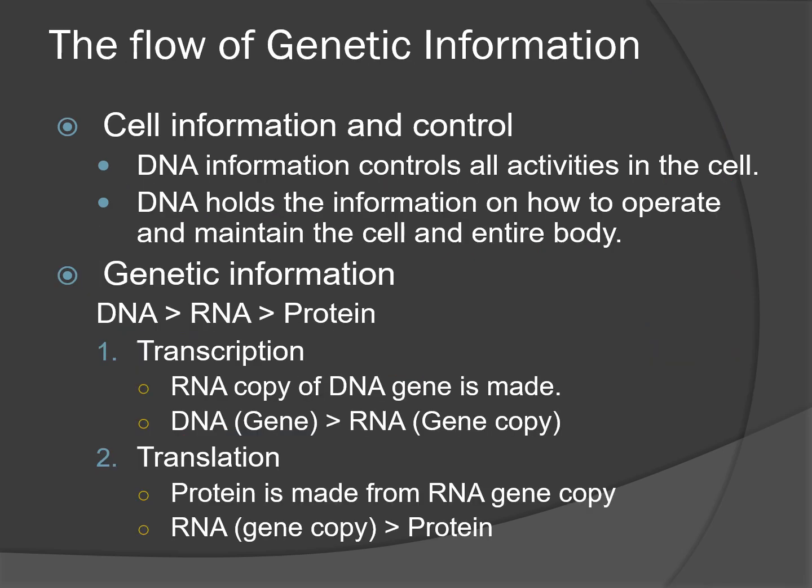The way our cells use DNA to control the activities of the cell is by using the genes to make specific proteins that we need. So if you need more insulin, you have a gene for insulin which can get activated and result in more insulin protein being made to meet your needs.